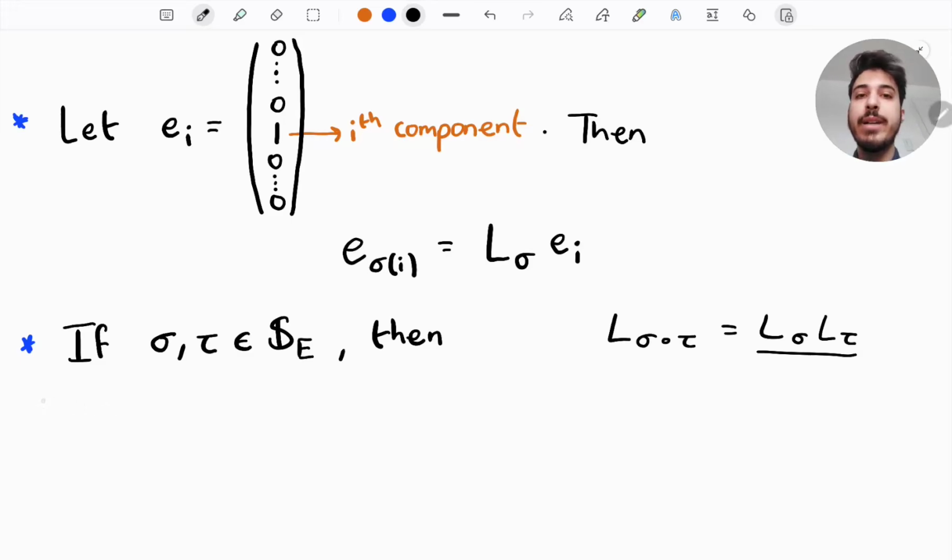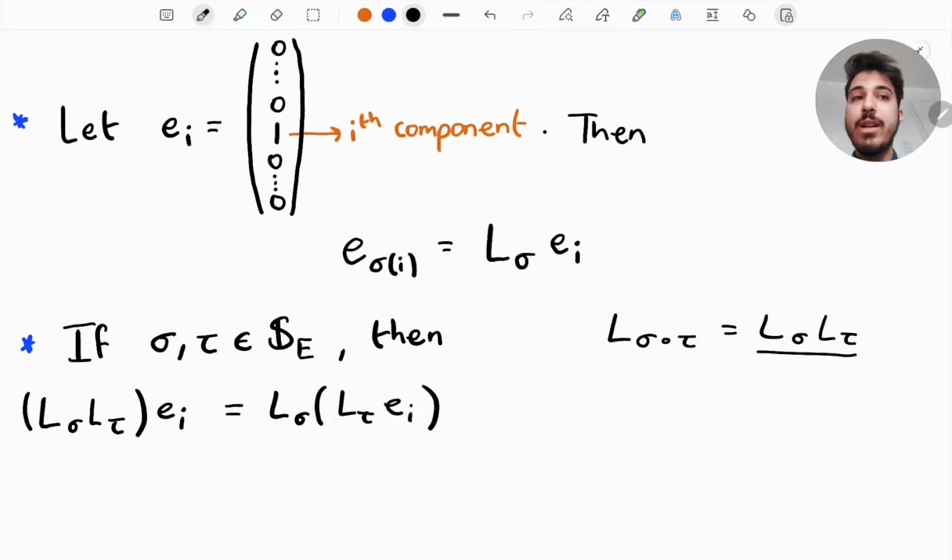So we have that L_sigma L_tau, when applied on e_i, by associativity of matrix multiplication, is equal to L_sigma times L_tau e_i, and L_tau e_i by definition is equal to e_tau(i).